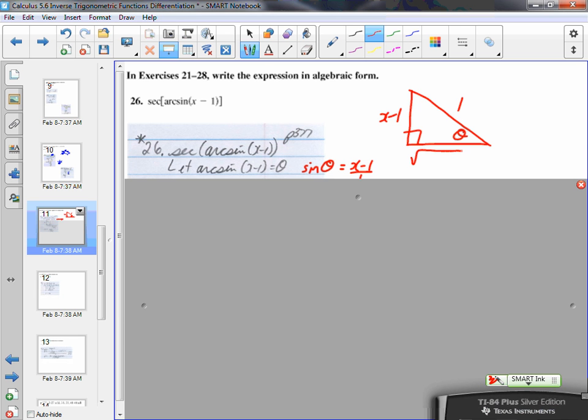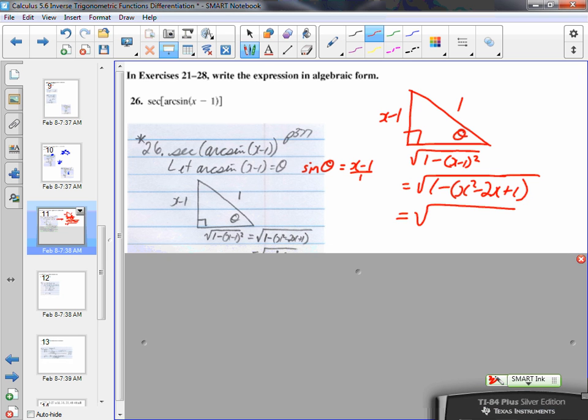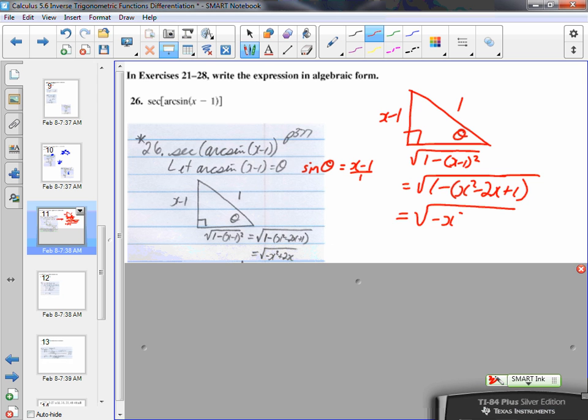That leg will be the square root of the hypotenuse squared minus the other leg squared. And I'll show you what I've got now. So that's the square root of 1 minus, and then when you square x minus 1, that'll be x squared minus 2x plus 1. Distribute that negative and get negative x squared plus 2x as the length of that other leg.